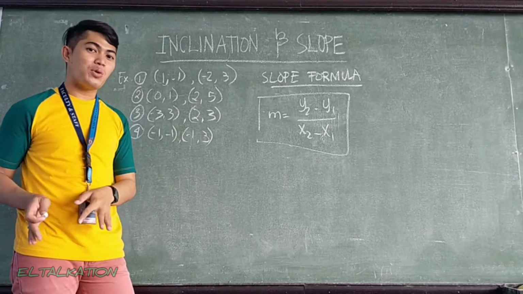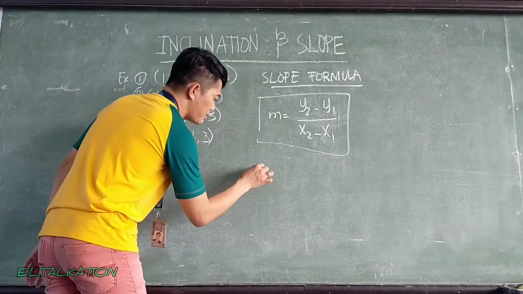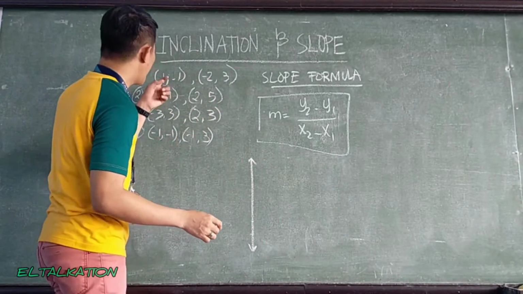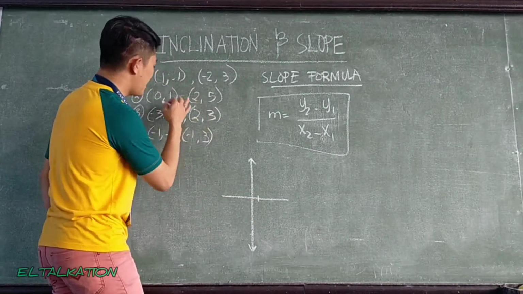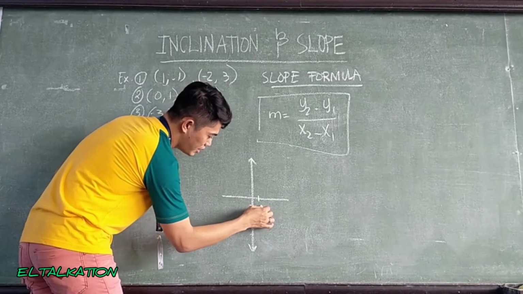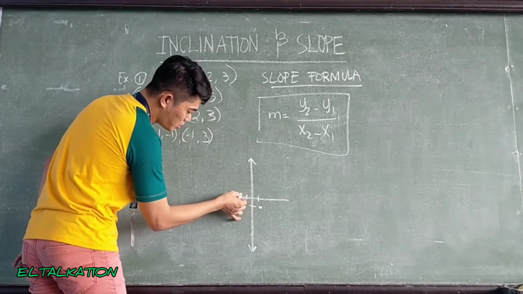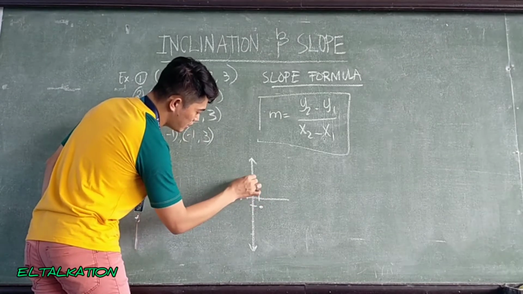So the first thing to do is what? I-plot muna natin. Given this Cartesian plane, we have positive 1 and negative 1, then negative 2, then positive 3.